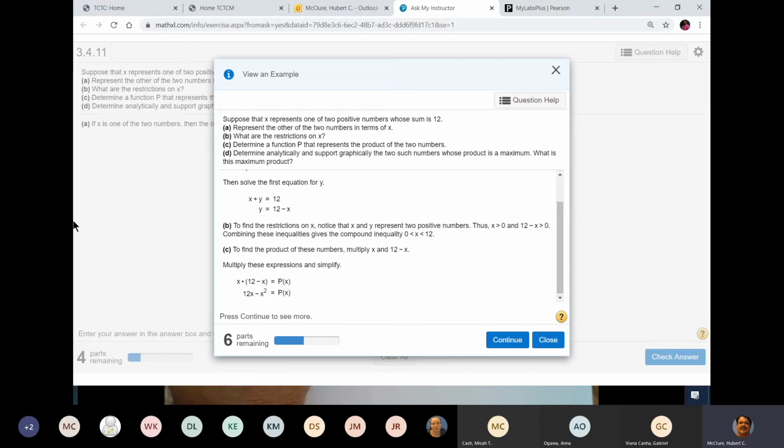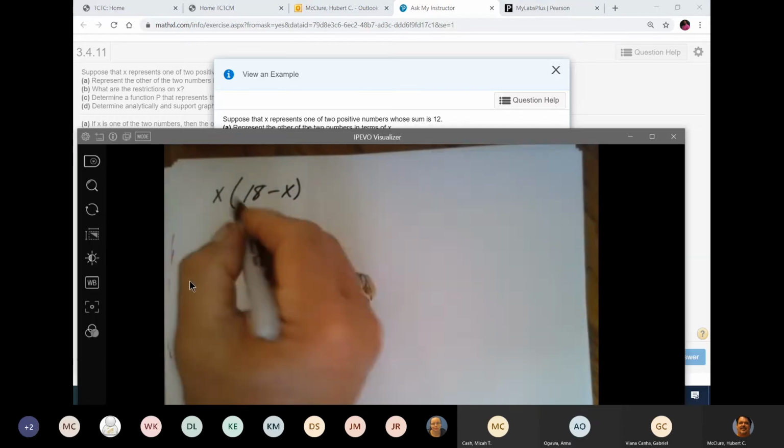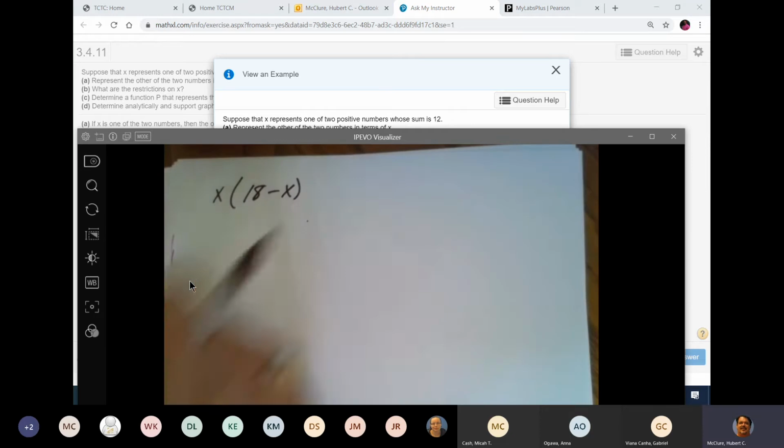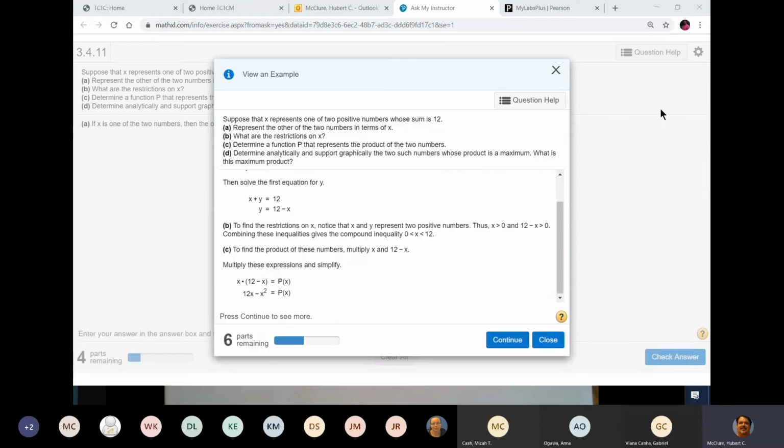So let's take x and multiply by 12 minus x. And in this case, it would be 18 minus x. And that's going to equal, what did they equal it to?